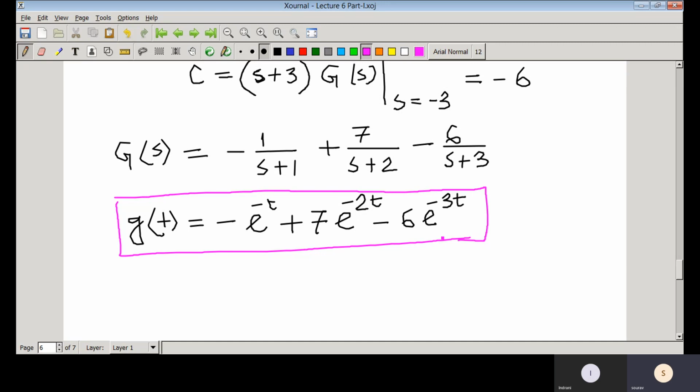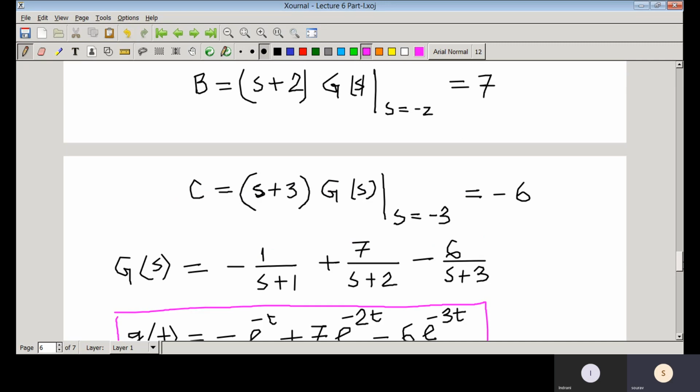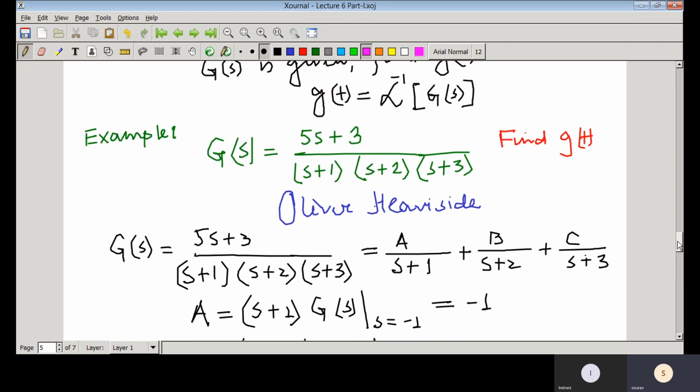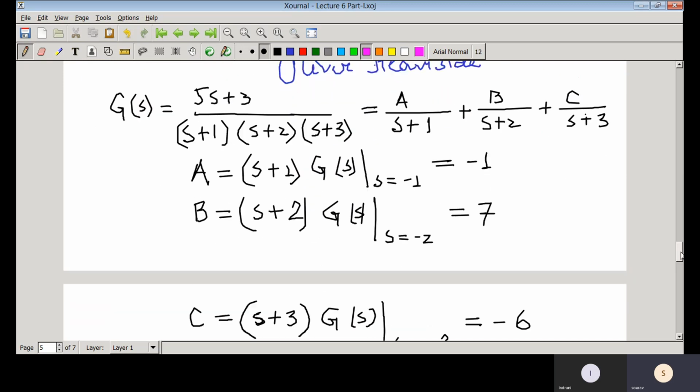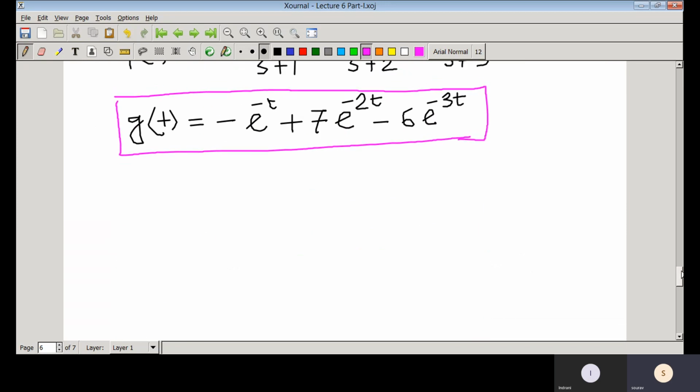Here is one important concept from this example. This transfer function has 3 poles, at -1, -2 and -3. In the last class you saw the pole-zero map.